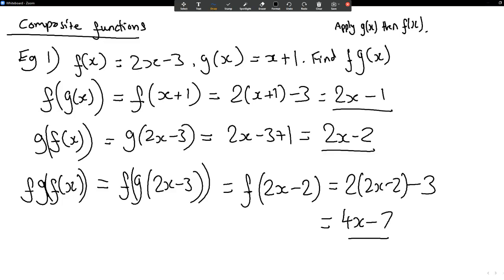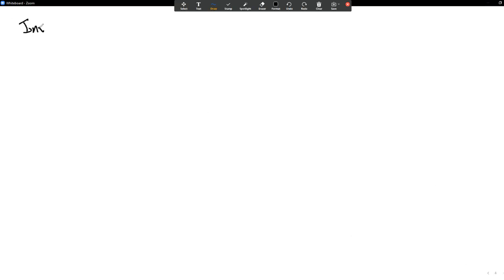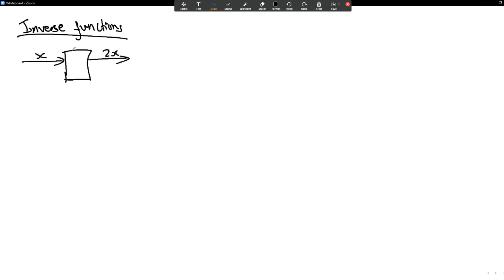Now, how about inverse functions? Well, there's actually a bit of theory to this before we start. So if we remember this process of, let's get the doubler back like this.